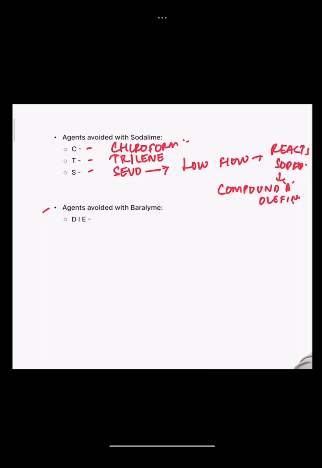Next, baralyme. You know what baralyme is? Baralyme is made up of 80% calcium hydroxide and 20% barium hydroxide. Whenever you use baralyme as a carbon dioxide absorbing chamber, three agents should be avoided. What three agents? The agents DIE.